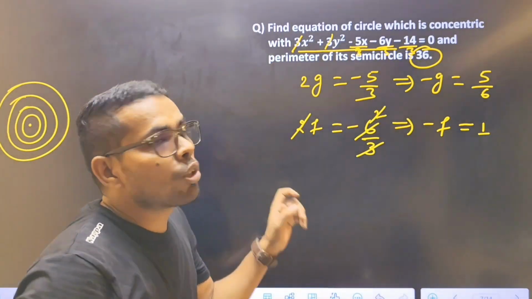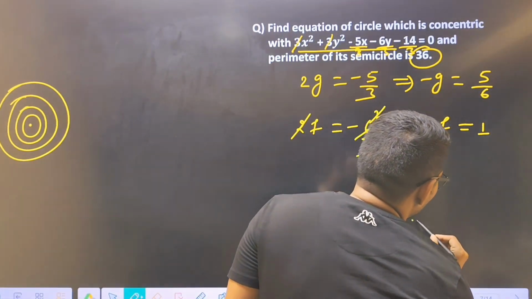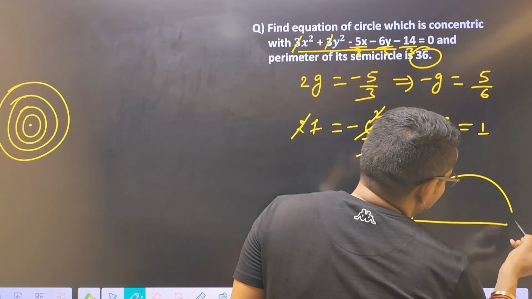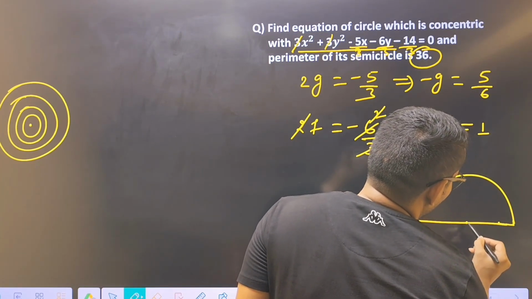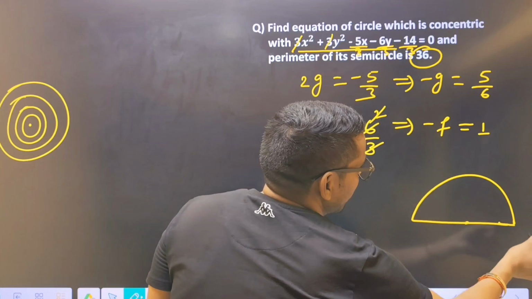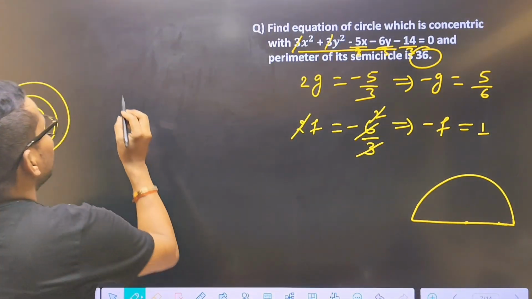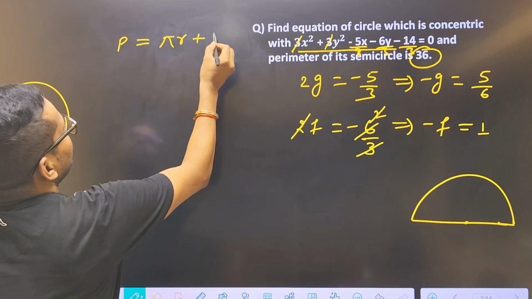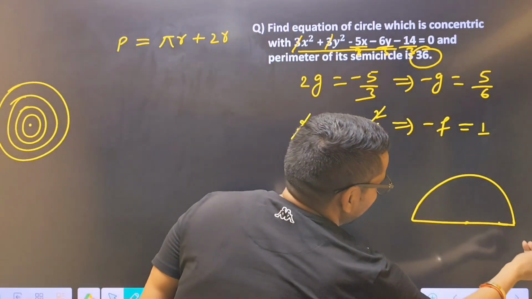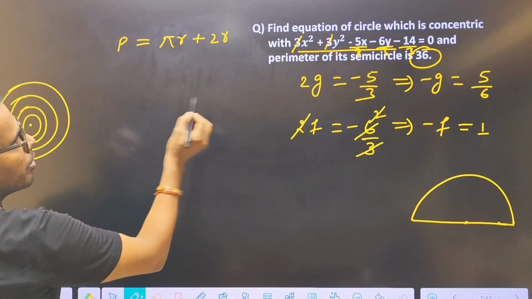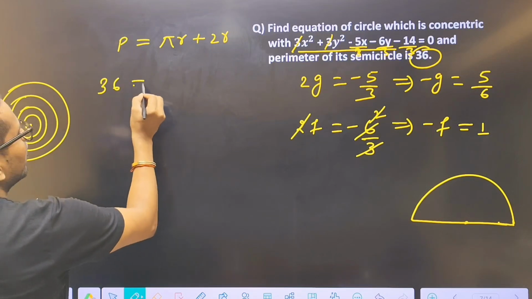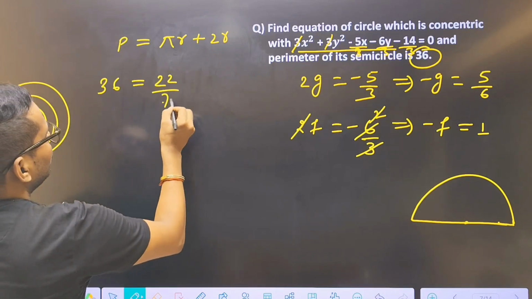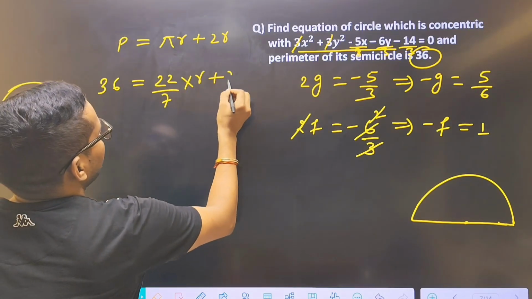Center we got. Now we need to find the radius. What is given? The perimeter of the semicircle. The perimeter of a semicircle is pi r plus 2r. So now the perimeter, 36, is equal to (22 by 7) r plus 2r.